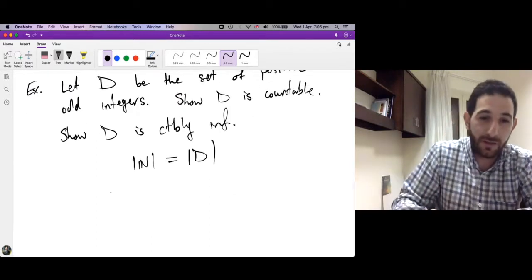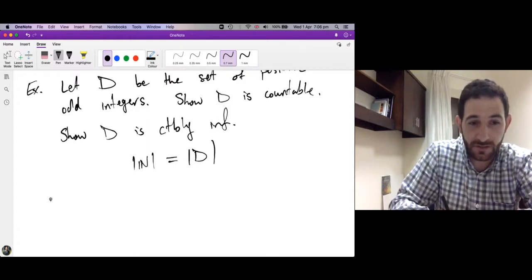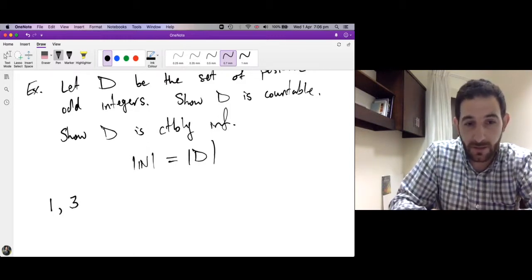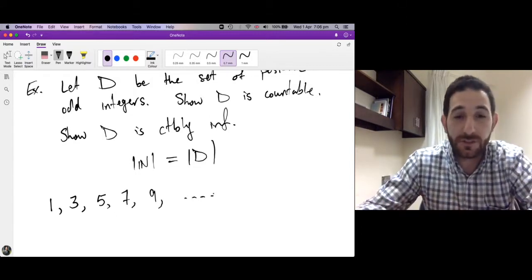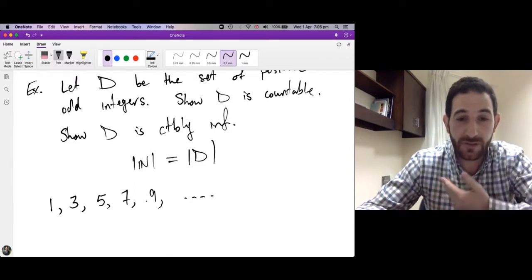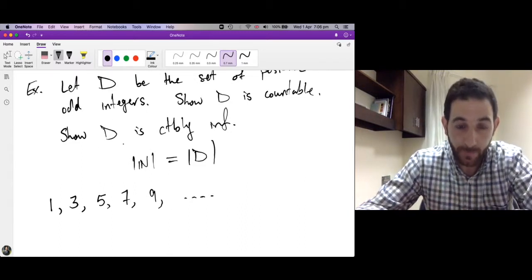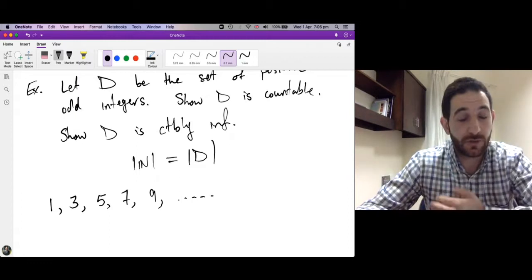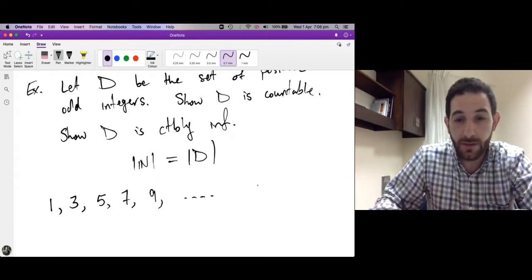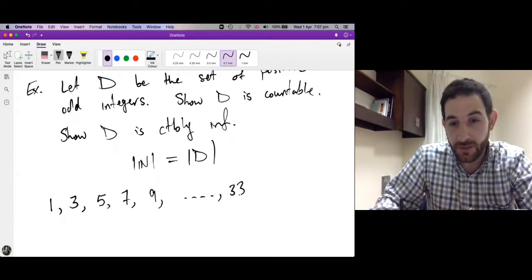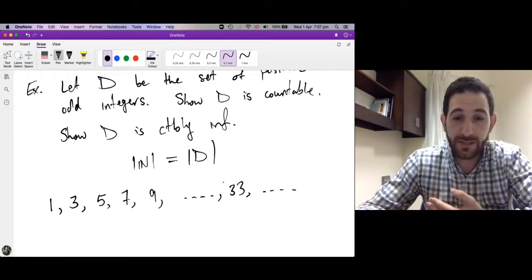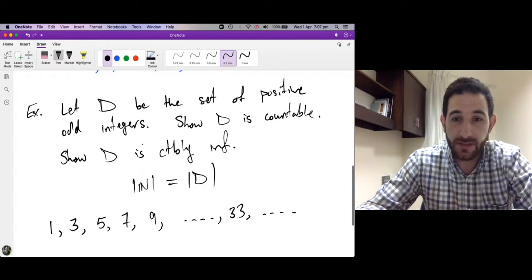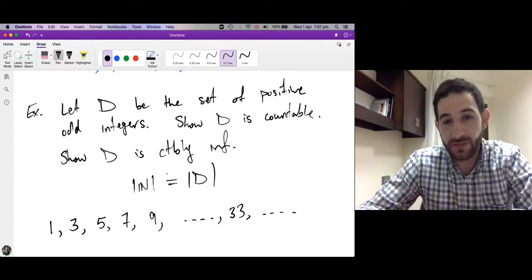Yes, we can. The first positive odd integer is 1, the second is 3, then 5, then 7, then 9, and so on. Choose any odd integer, say 33, it will appear at some point in the list. Since we can list all of them, D is countably infinite.